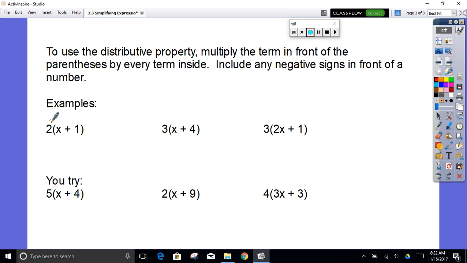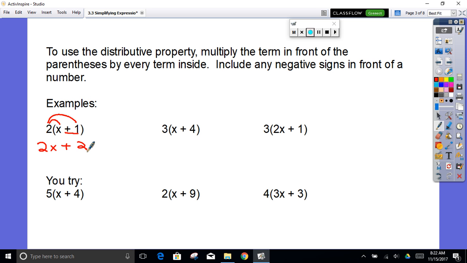We're going to do 2 times x, and then 2 times positive 1. You want to make sure you include any negative signs that might be in front of the number. In this case, it's just positive. So 2 times x is just 2x, and 2 times 1 is 2. So 2x plus 2 is the same expression as 2 times x plus 1.